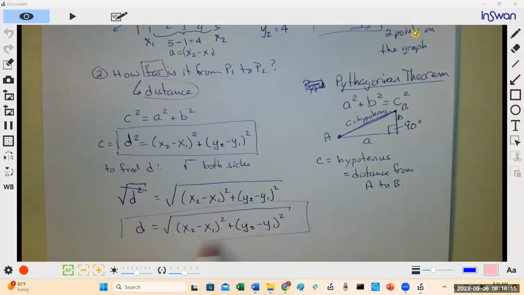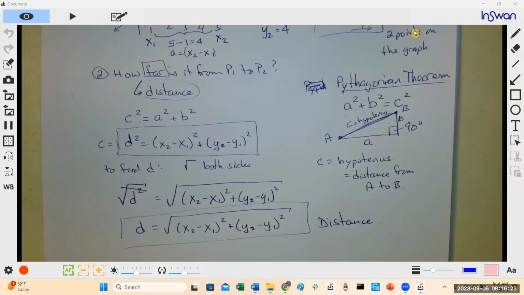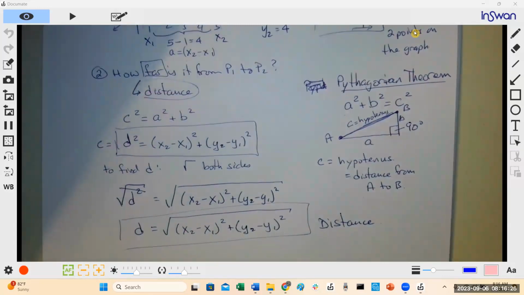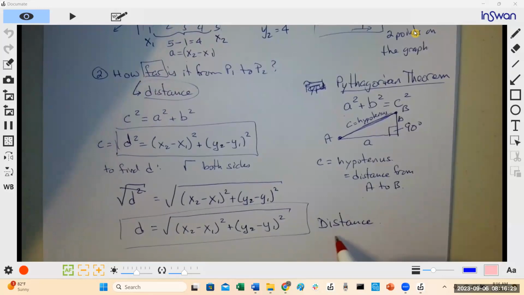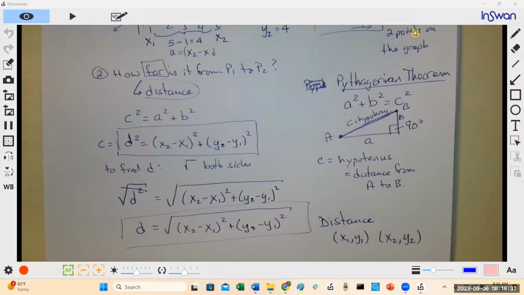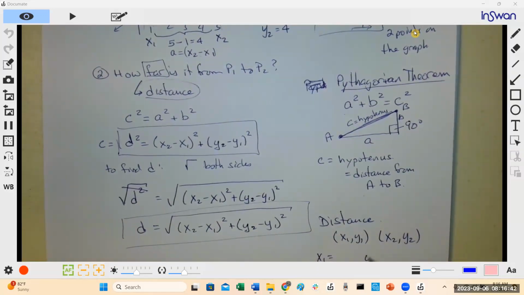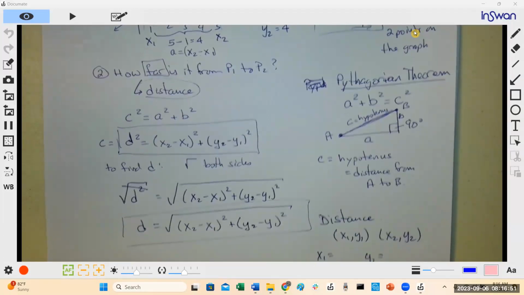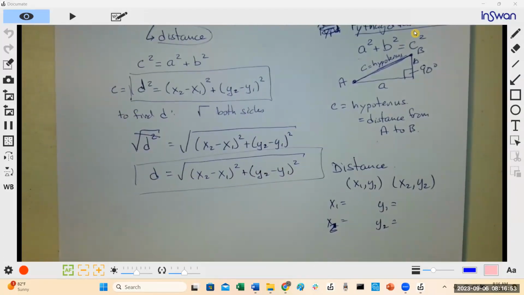So there's your formula. Once you have 2 points, you have x1, y1, x2, y2. Remember, like I said earlier, once you define x1, x2, y1, y2, it's just a matter of plug and play. So that finds the distance.